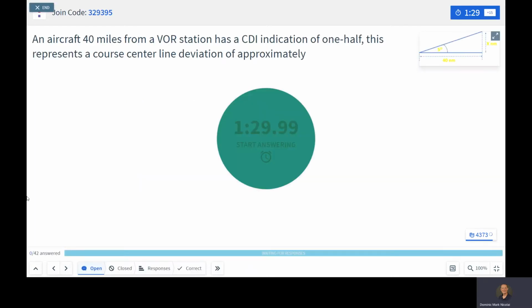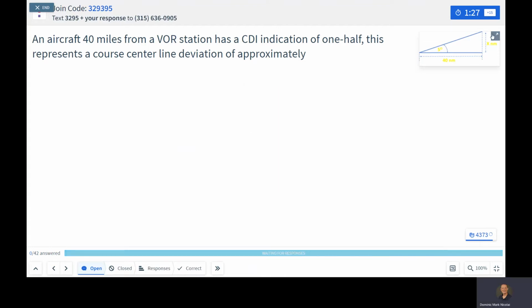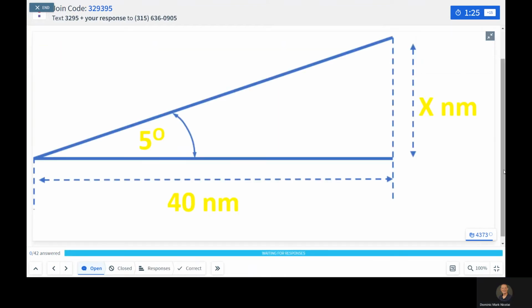So there's your question there. Got a little graphic up there to help set it up.